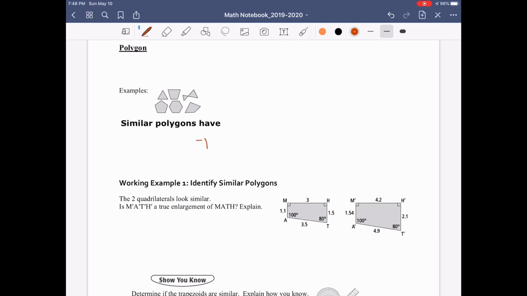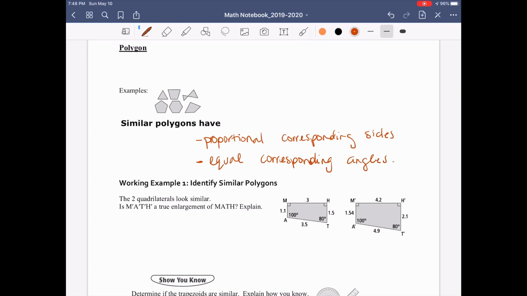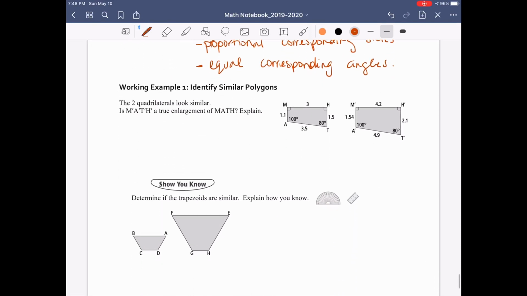They have proportional corresponding sides and equal corresponding angles.